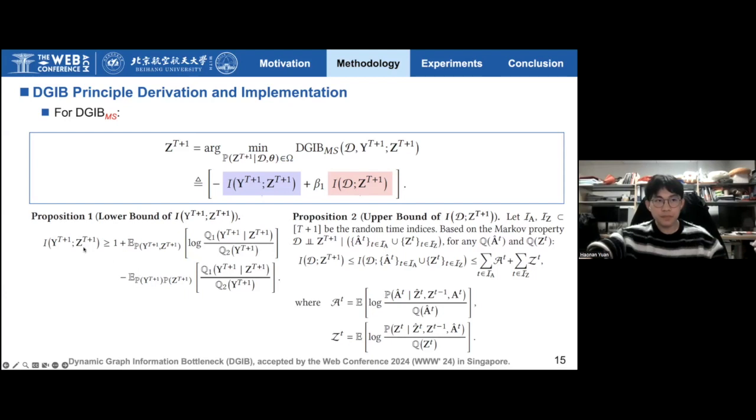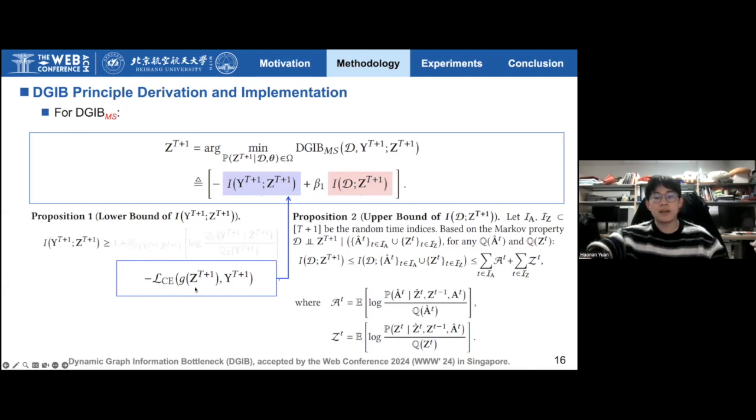For example, for the lower bound of this mutual information, as the training progresses, the first half of this will converge to a constant, so it can be ignored. The rest part converges to the cross entropy between these two items.